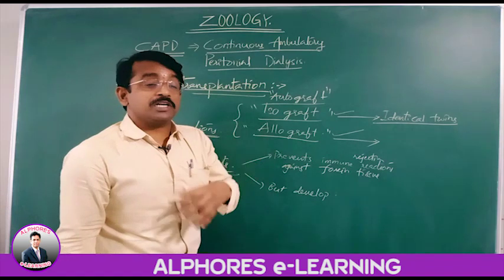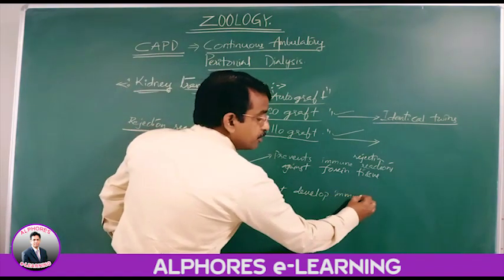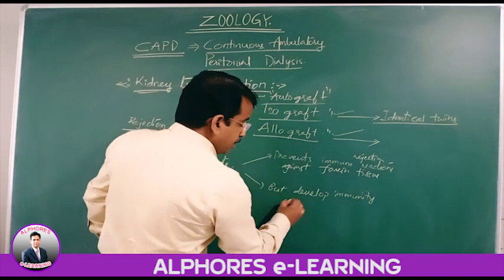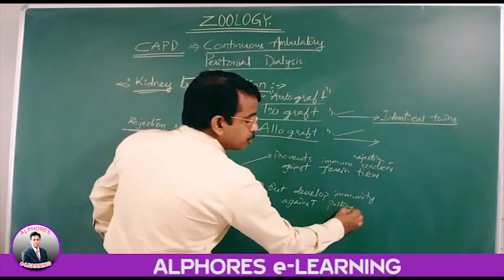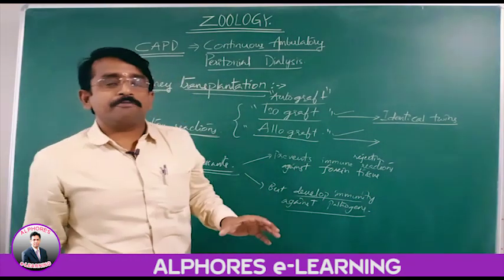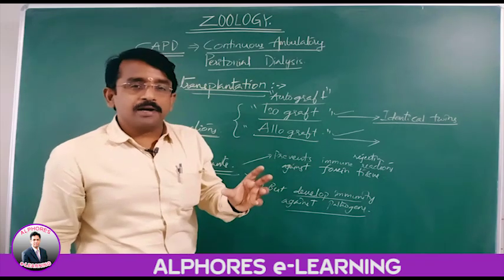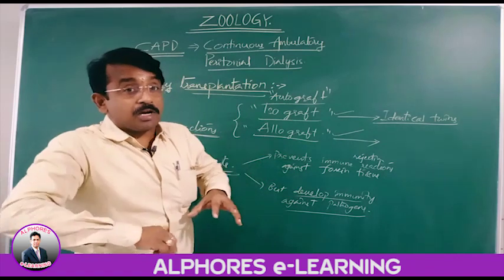But when infection takes place, they develop immunity against the pathogen, which means our immune system rejects the foreign pathogens and develops immunity, while the closely related, blood group matched and tissue matched organ can be accepted.